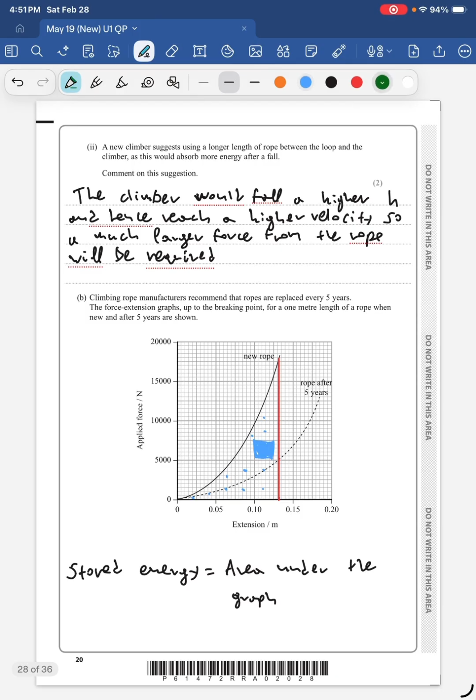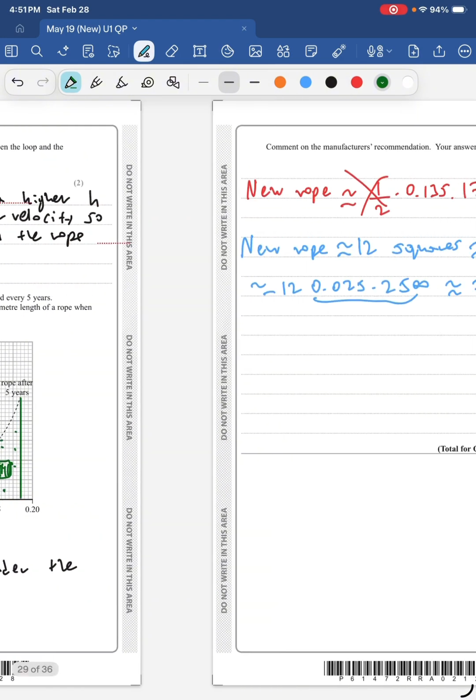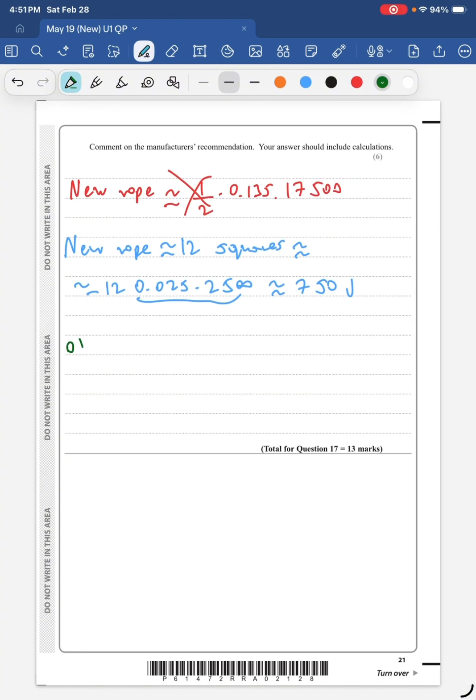And if you do the same for the old rope, you have to calculate the area under this graph. So you have to count squares again. So 1, 2, 3, 4, 5, 6, 7, 8, 9, about 10, 11, something like that. So for the old rope, about 9 squares.